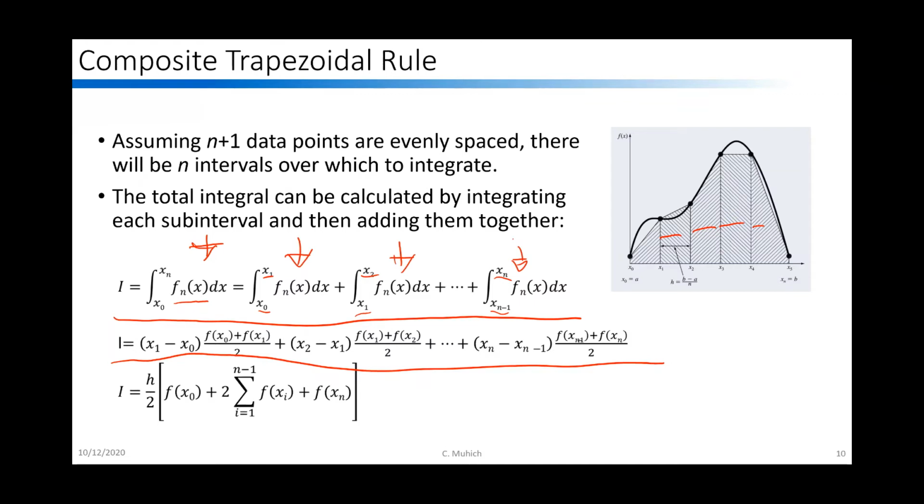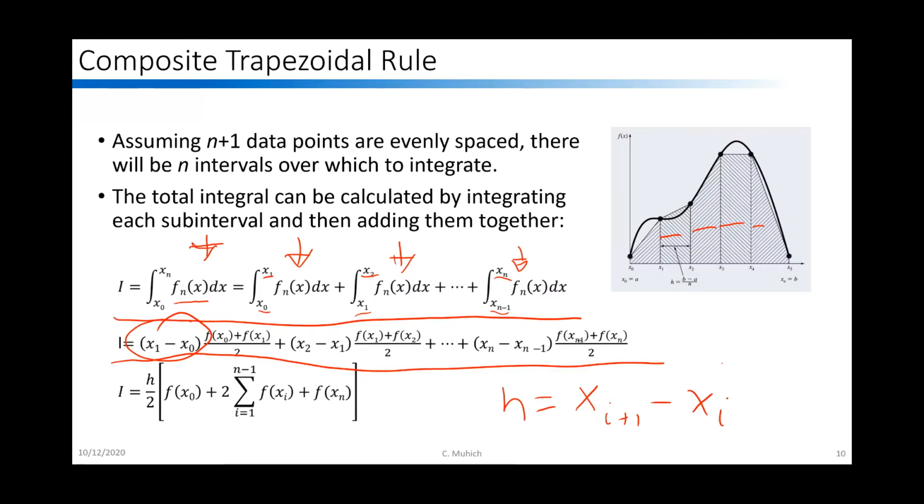Okay, so if we said that our data was evenly spaced, we can make an assumption for what x1 minus x0 is. We can say that this is going to be h, right? This is our xi plus 1 minus xi. So this is how many spaces that we're going to set it up.